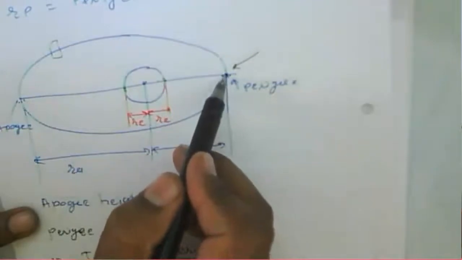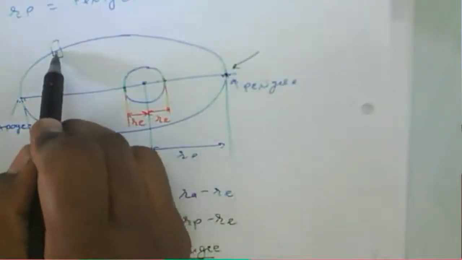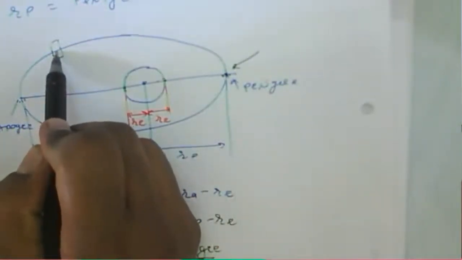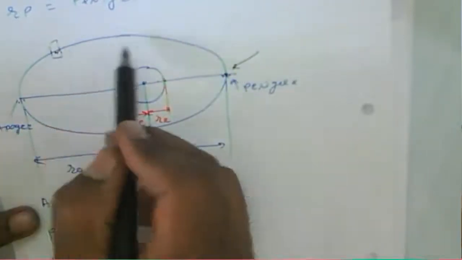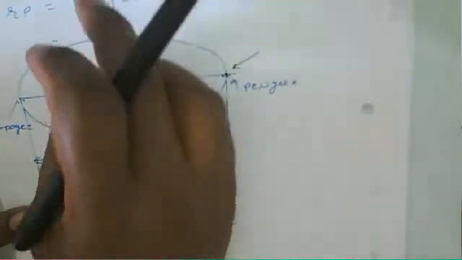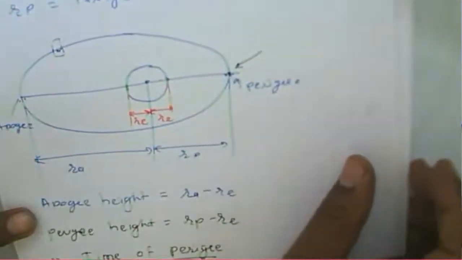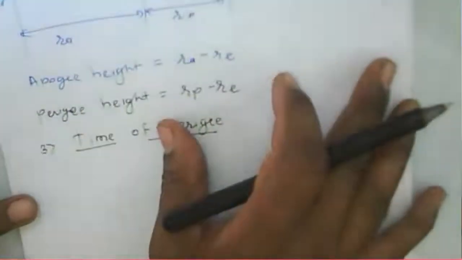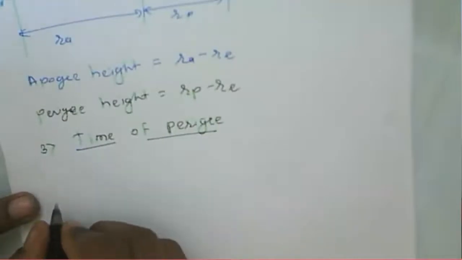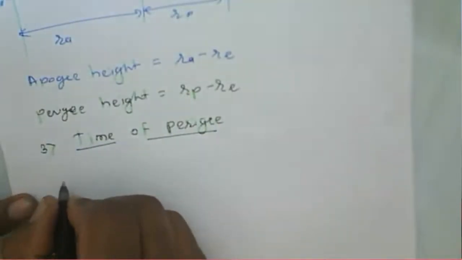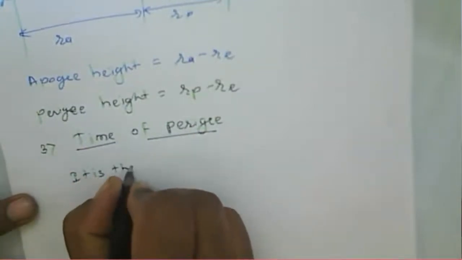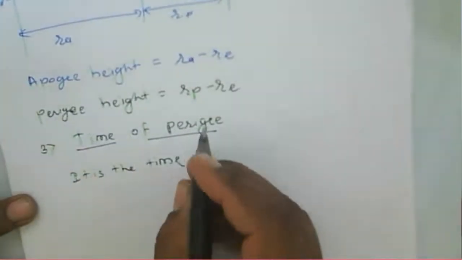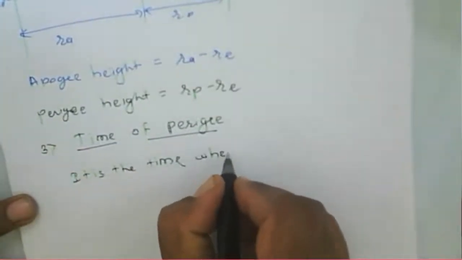Suppose from this perigee point the satellite is now here. This is the distance passed from the perigee to this point, so it will be either far away or nearer to the perigee. That is the position of the satellite in a given orbit.